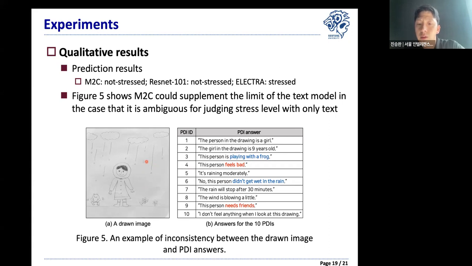Figure 5 shows that it is ambiguous to judge stress levels with only text, and there is an inconsistency between the image and PDI answers or between the individual PDI answers. These characteristics are similar to therapist decision-making processes. By reflecting on the decision-making process, M2C could supplement the limit of the text model.